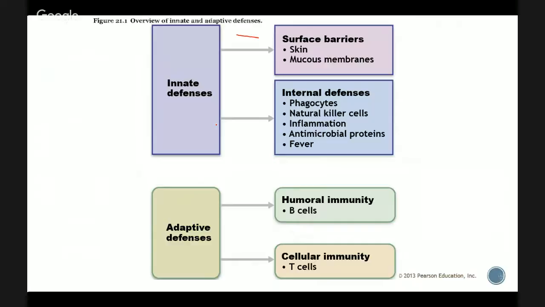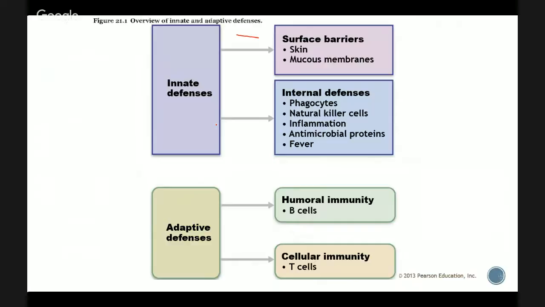They provide us with an additional physical barrier, but it's not as rock solid as the skin, because anything that enters our body and makes its way into or past these mucous membranes, there is a possibility that pathogens can penetrate through and infect the body. So the skin is the physical barrier, and the mucous membranes are an additional physical barrier, but not as effective as the skin.